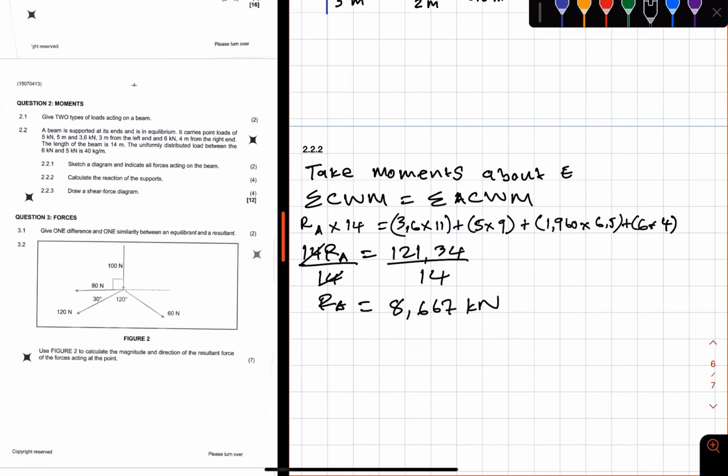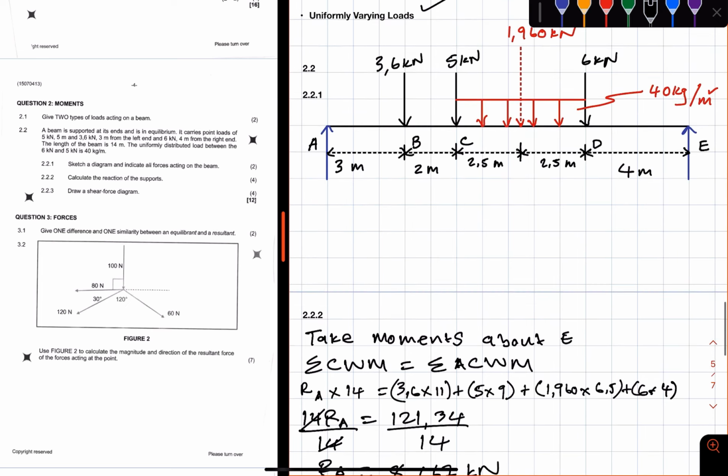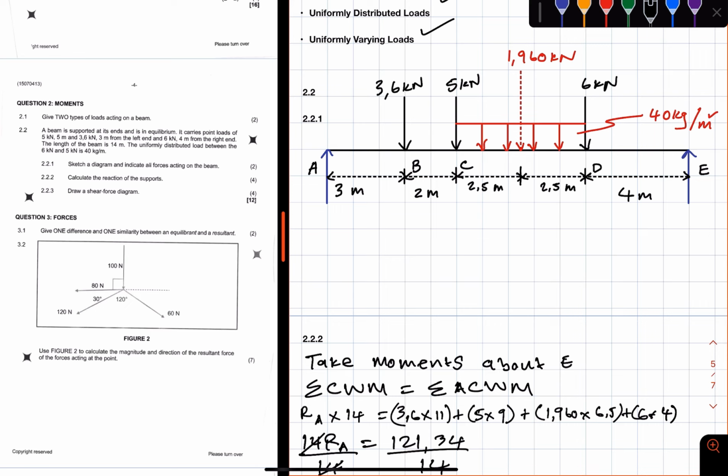So we have RA. So now we are going to take moments about A. If you take moments about A, right, the only unknown would be the reaction at support E, right?